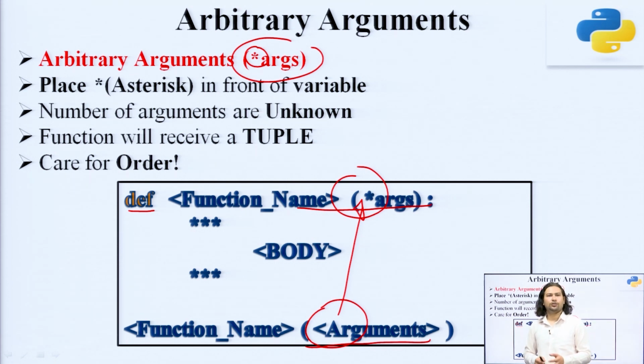It does not always apply the rule that parameters must be equal to the arguments. So this is one case in which the parameters are not equal to the arguments, that is the arbitrary arguments. But you need to remember that this star mark must be placed on the parameter. Along with that, you need to understand.